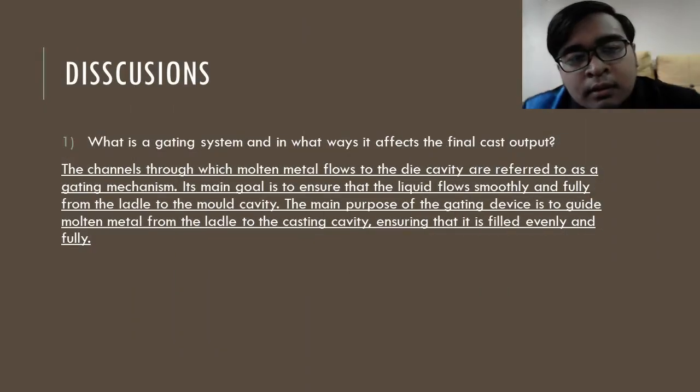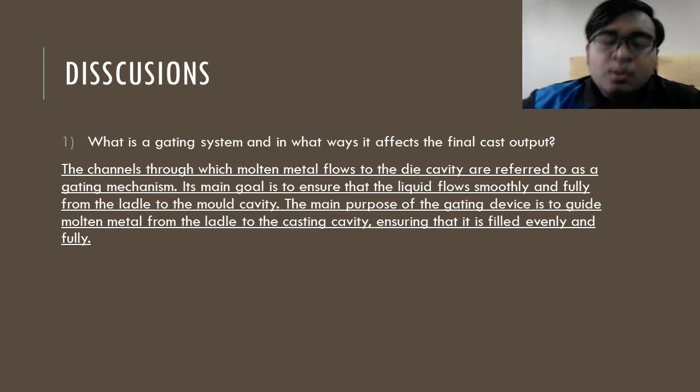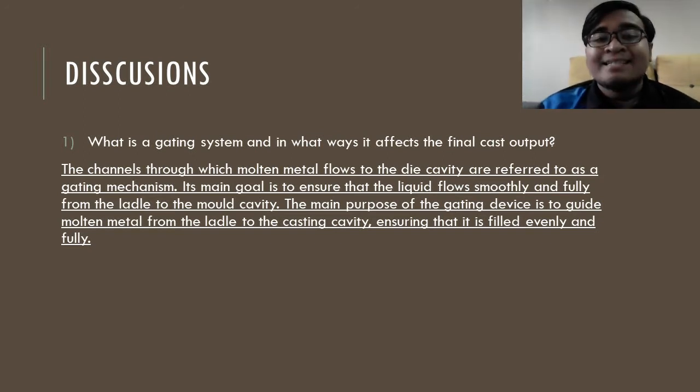Now we go to the discussions. For question 1, what is a gating system and in what way does it affect the final cast output? The answer is, the channels through which molten metal flows to the die cavity are referred to as a gating system.